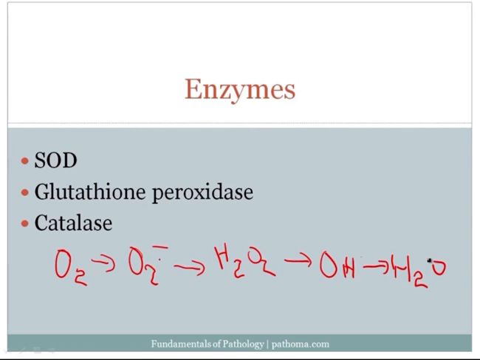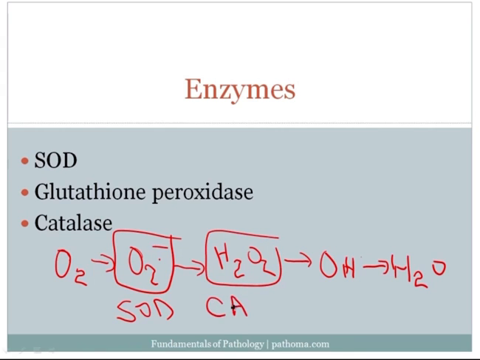And then I use this paradigm to remind me of the enzymes, because each of these three free radicals is handled by one particular enzyme, or predominantly by one enzyme. The first one is easy. This one is superoxide, and guess who handles this? Superoxide dismutase takes out superoxide. Hydrogen peroxide is handled by catalase.